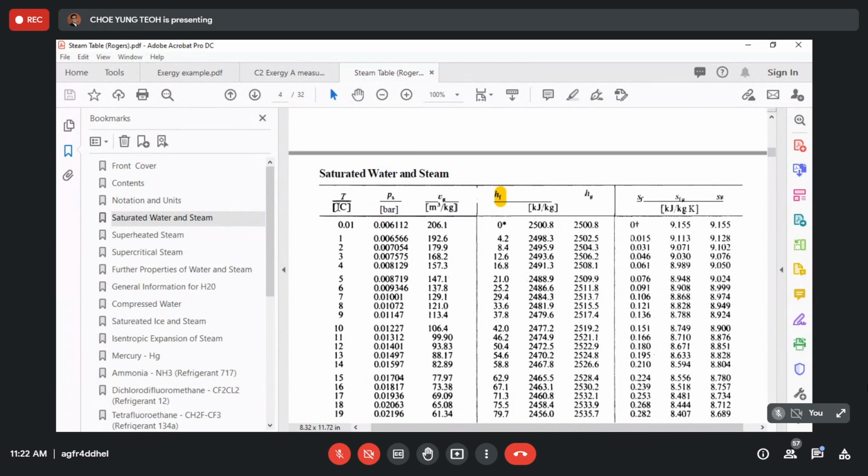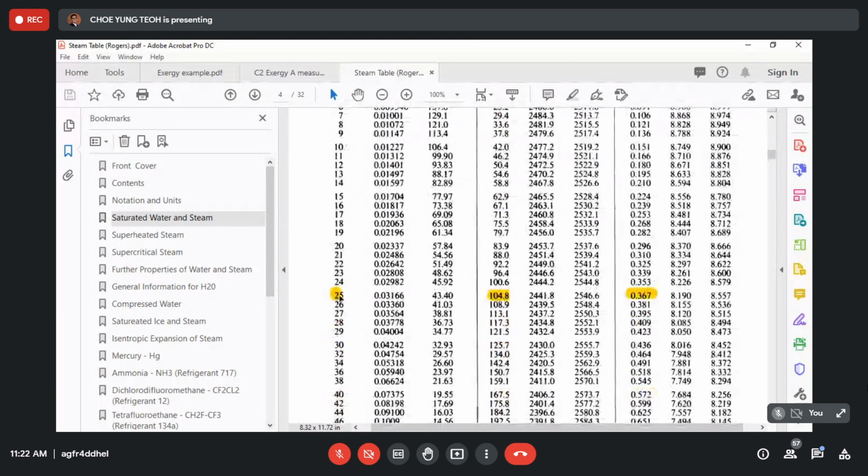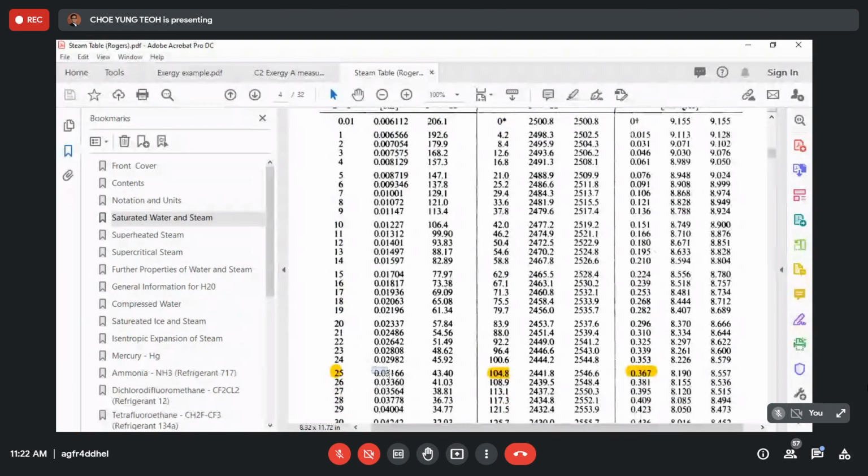The saturated water and steam table tells you the saturation pressure of the steam at a certain temperature. For example, let's say the surrounding temperature is 25 degrees Celsius. The steam will reach saturation pressure at 0.03166.